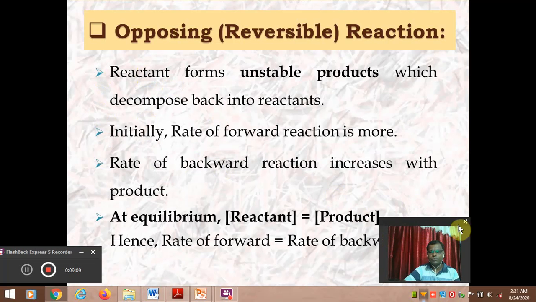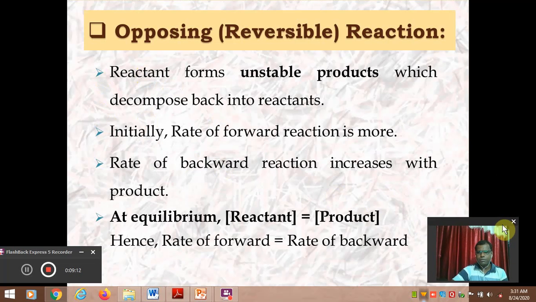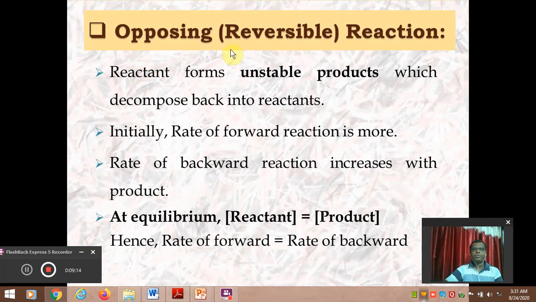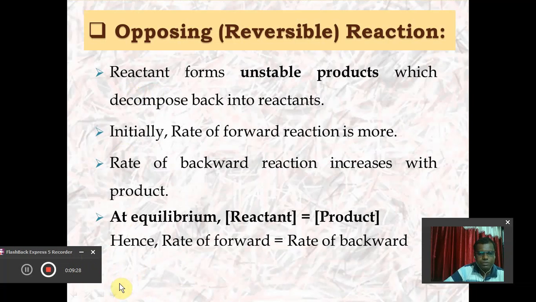Let me update this, so that you should be able to see it. Opposing or reversible reactions are reactions in which reactant molecules form the product, but these reactant molecules form an unstable product. Whenever you compare the stability of reactant and product, the stability of product will be smaller, and the product will not be stable.